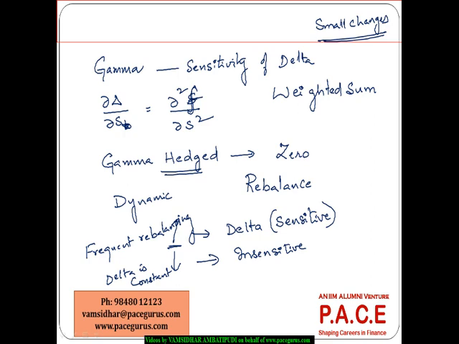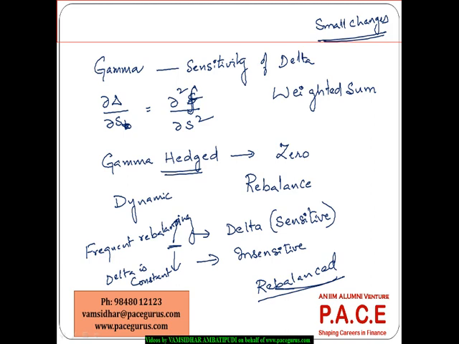So how often my portfolio or security needs to be rebalanced to make it delta neutral is given just by looking at the value of gamma. So my intention always will be to reduce the gamma to a large extent. Can I make the gamma very close to zero?